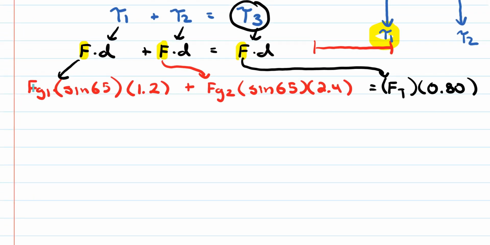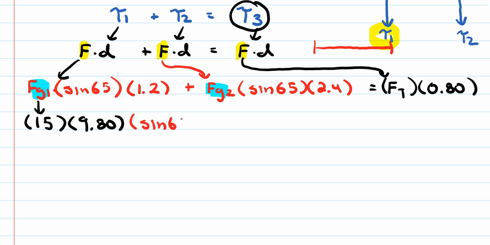We just need to find expressions for Fg1 and Fg2, and Fg1 is really going to be the mass of the beam. The question tells you that the mass of the beam is 15 kilograms, so this would be 15 kilograms times 9.80, and then all this remains the same, sine 65 times 1.2, plus Fg2, which is the mass of the object at the very end there, the cannonball, I believe it was.